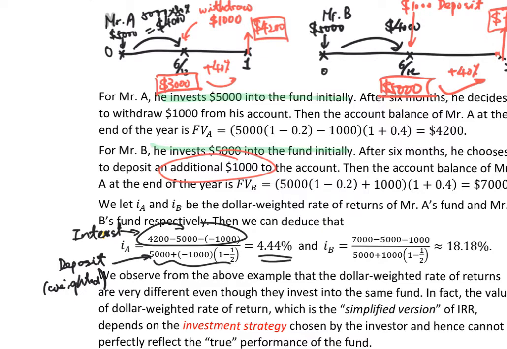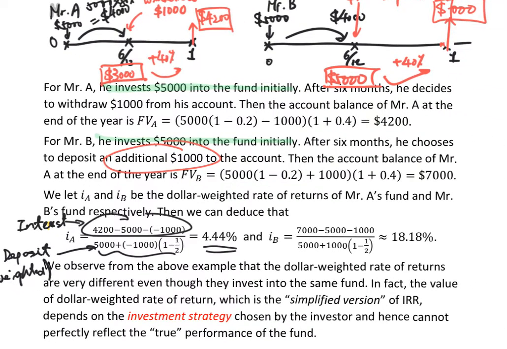And then similarly for fund B, you can do the similar calculation, so you will get the IB equal to 18.18%.